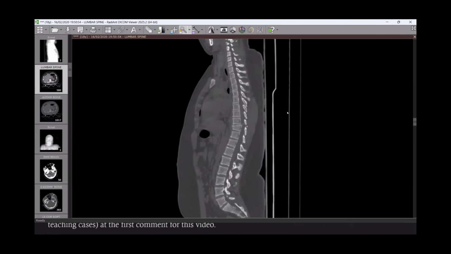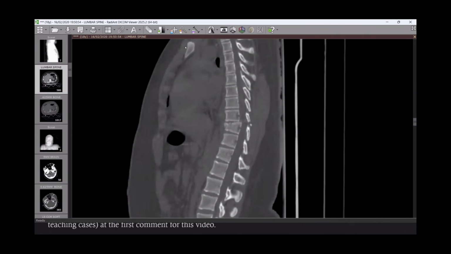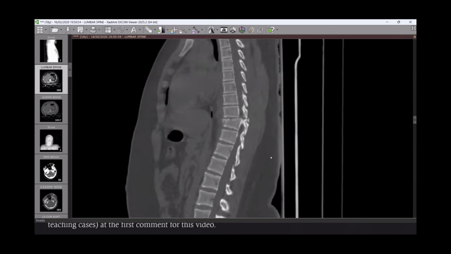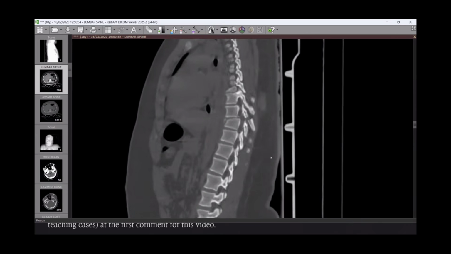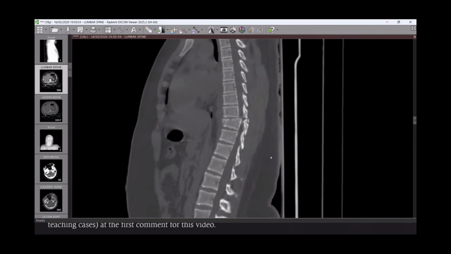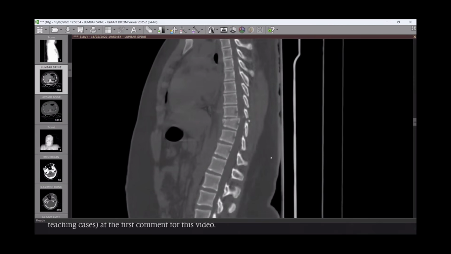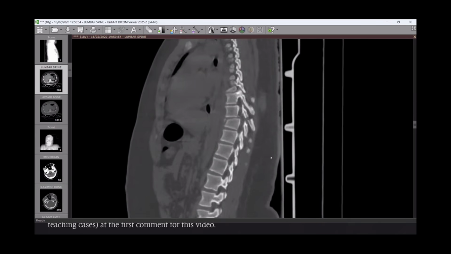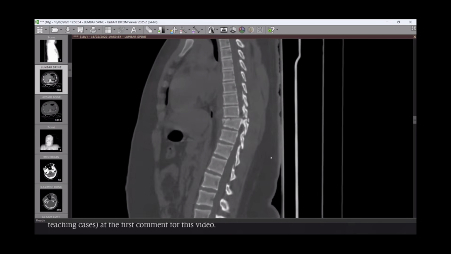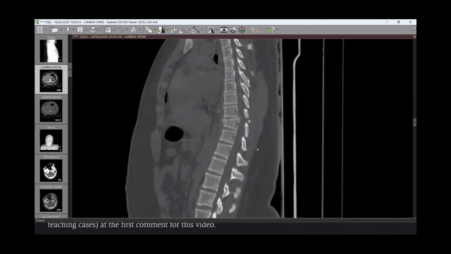We will not go into more detail because it's a genitourinary session. But what do you have here? Posterior alignment and some bony fragments in the spinal canal, which may cause spinal cord impression. Also, there is a fracture in the posterior. You are right.